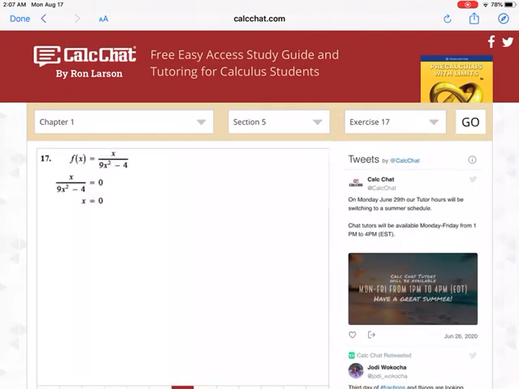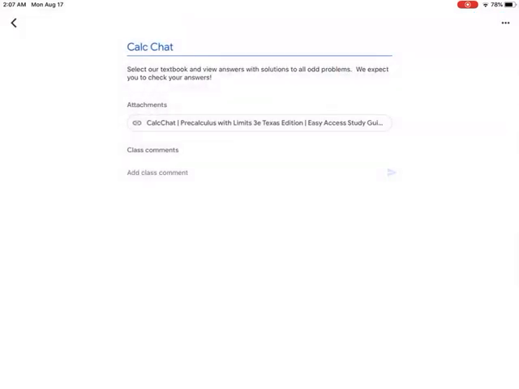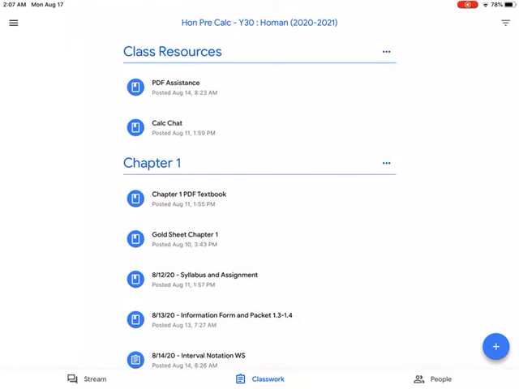Well, for number 17, there's the work and the answer. For number 19, there's the work and the answer. So on any odd problem, you can not only check your answer, but you can also look at the work compared to yours. That's really nice, and I really want you to utilize that. Both of those things can be found in your Google Classroom. Calc Chat is up there at the class resources, and the PDF of the textbook is the first thing under Chapter 1.